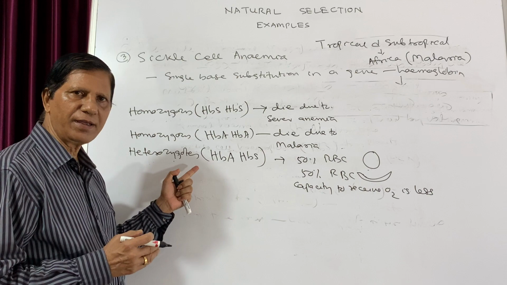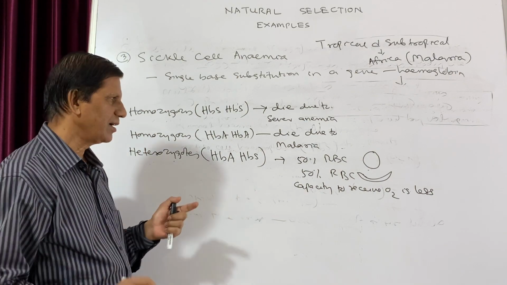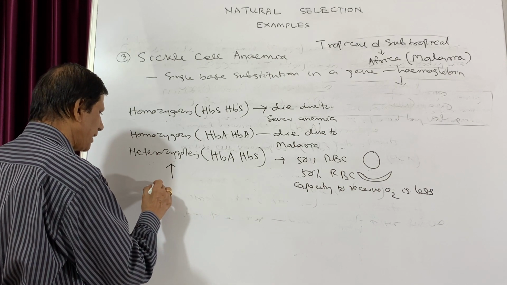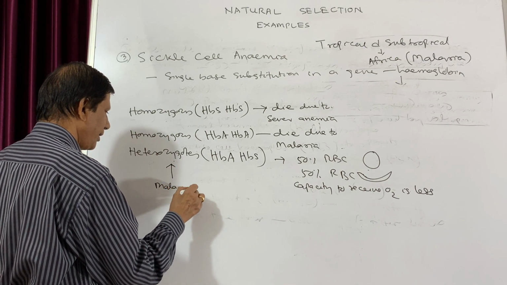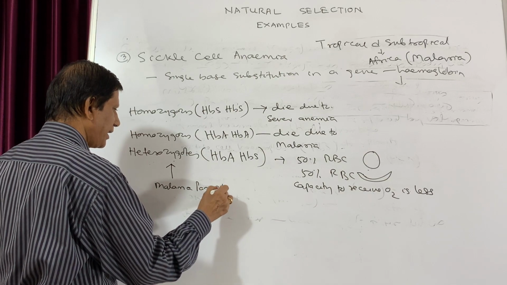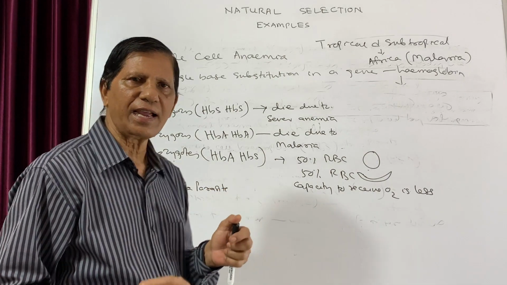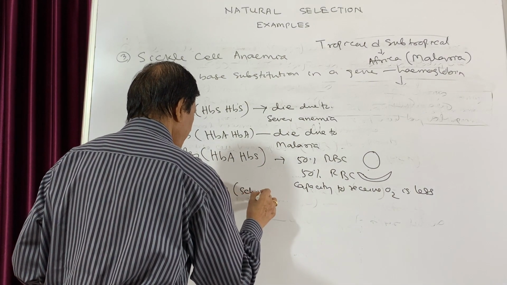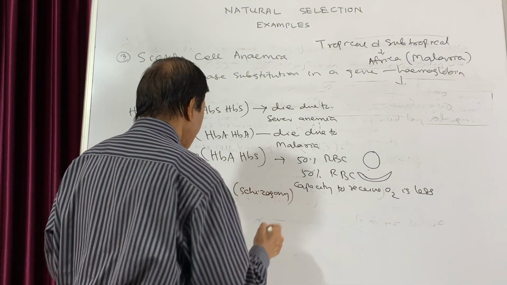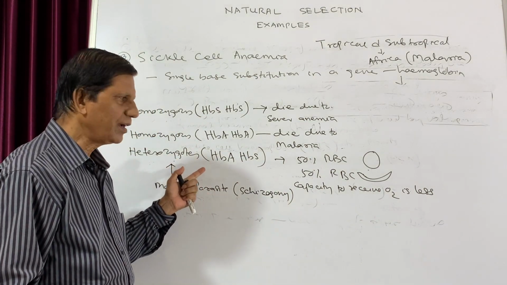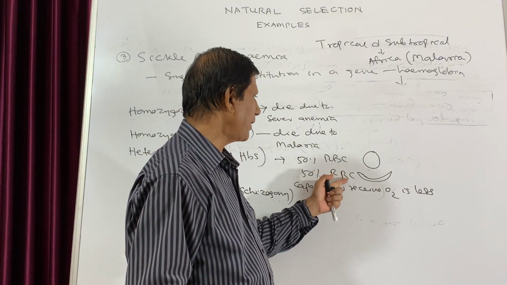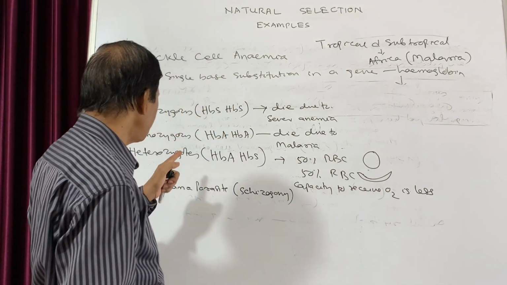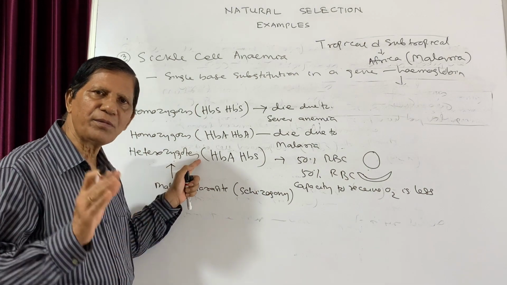They should survive because when these heterozygotes are infected by the malaria parasite, the malaria parasite cannot complete its life cycle, its phylogeny cannot be completed within their blood, because 50% of their RBCs are sickle celled. That means these people will never suffer from malaria.